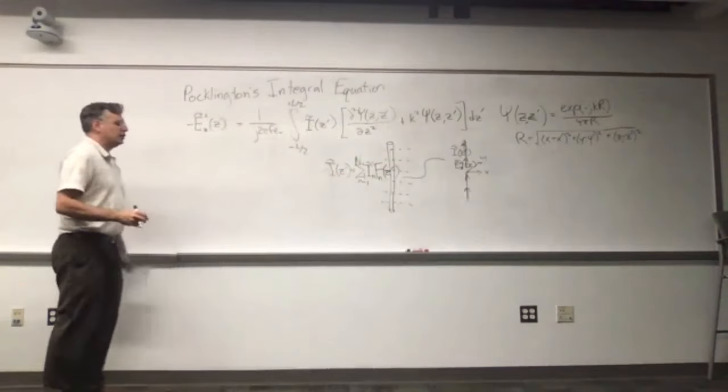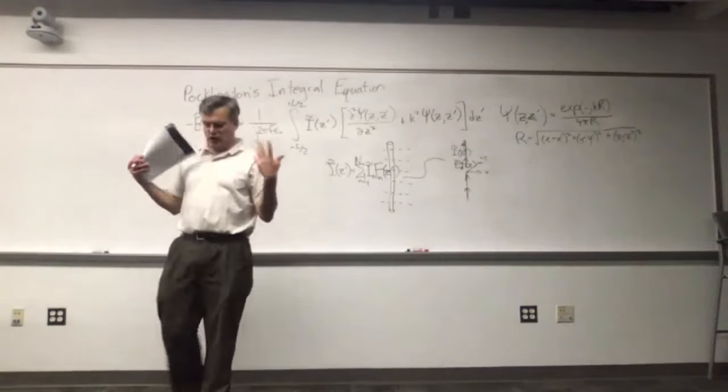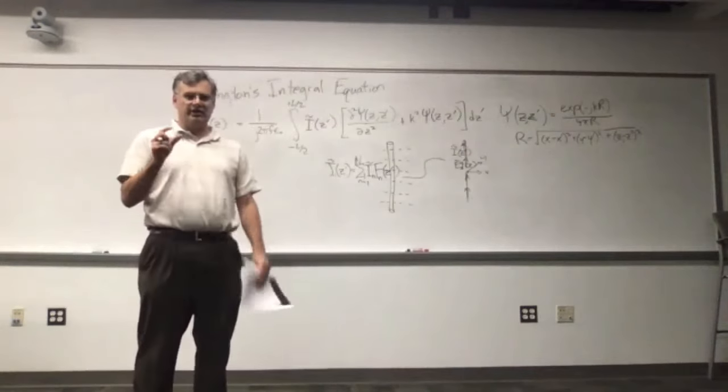And then this kind of shape function, f sub n, which is basically an artifact of the discretization.